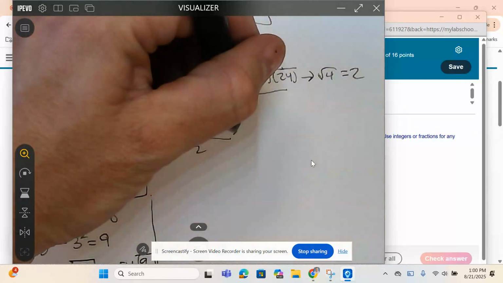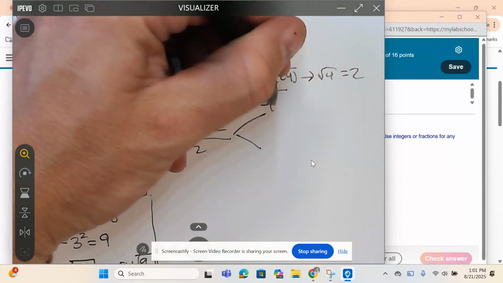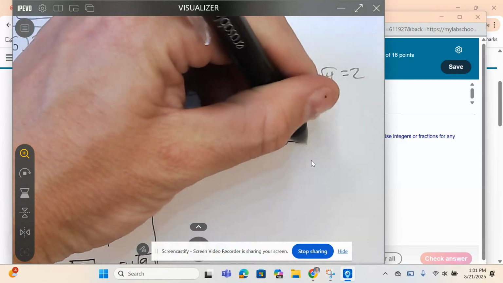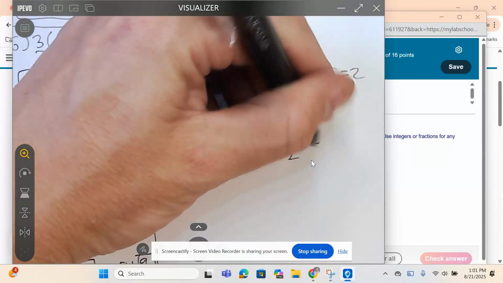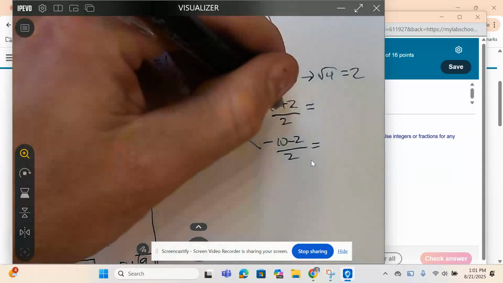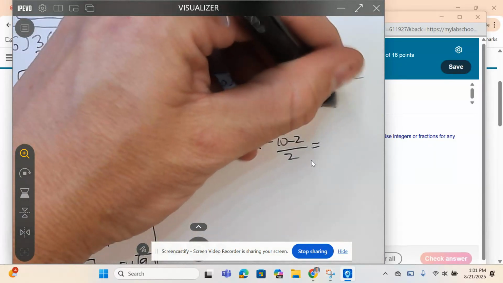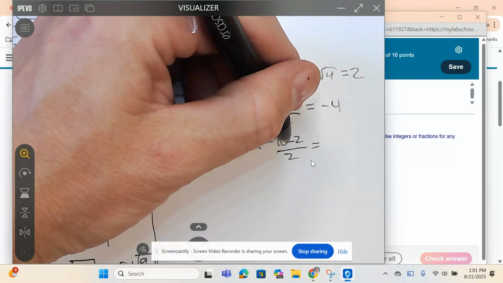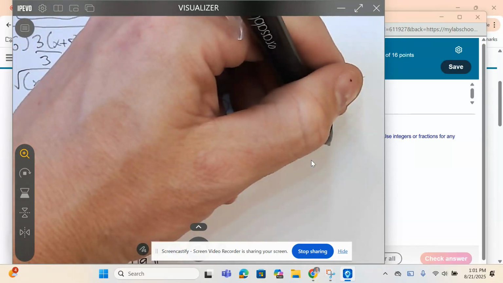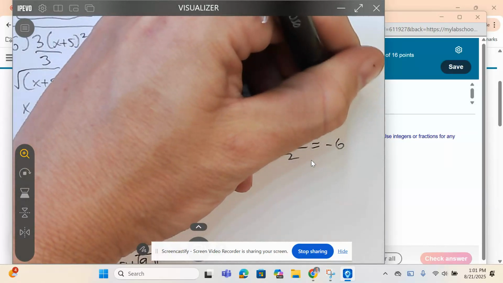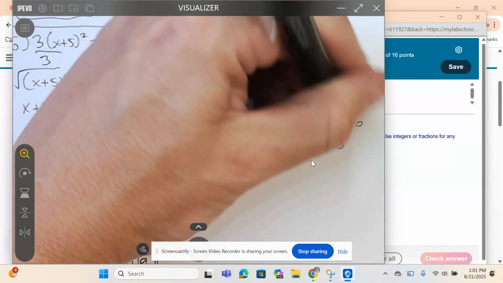So then I'm going to write two separate expressions. Negative 10 plus 2 divided by 2. Negative 10 minus 2 divided by 2. Negative 10 plus 2, that'd be negative 8. Negative 8 divided by 2, negative 4. Negative 10 minus 2, negative 12. Negative 12 divided by 2 is negative 6. So it'd be negative 4, negative 6.